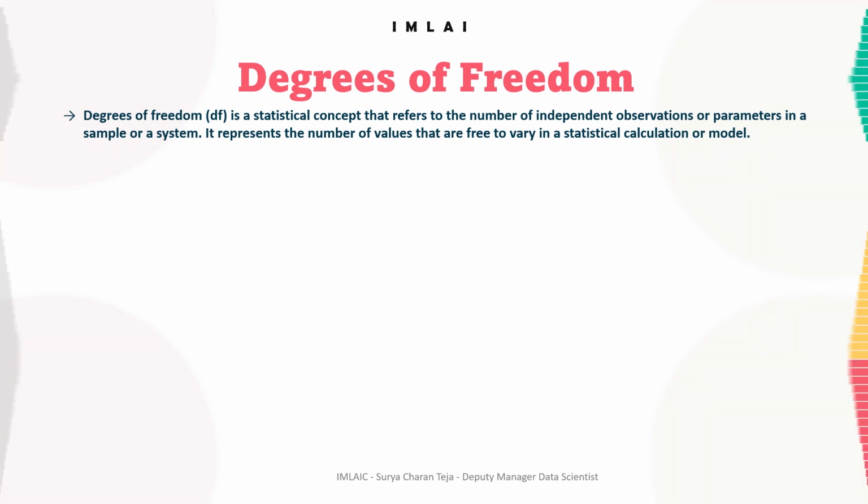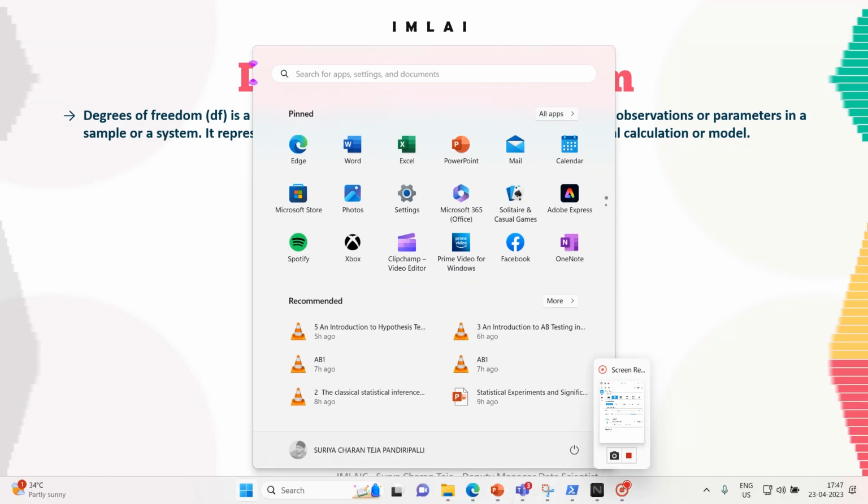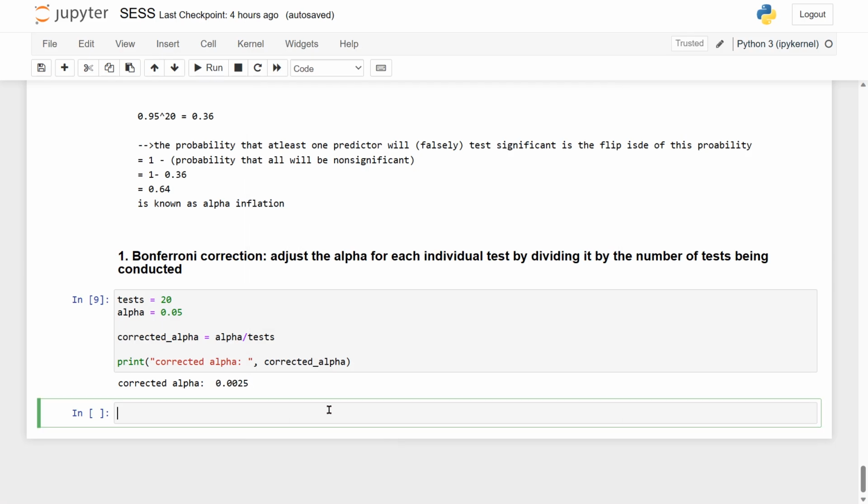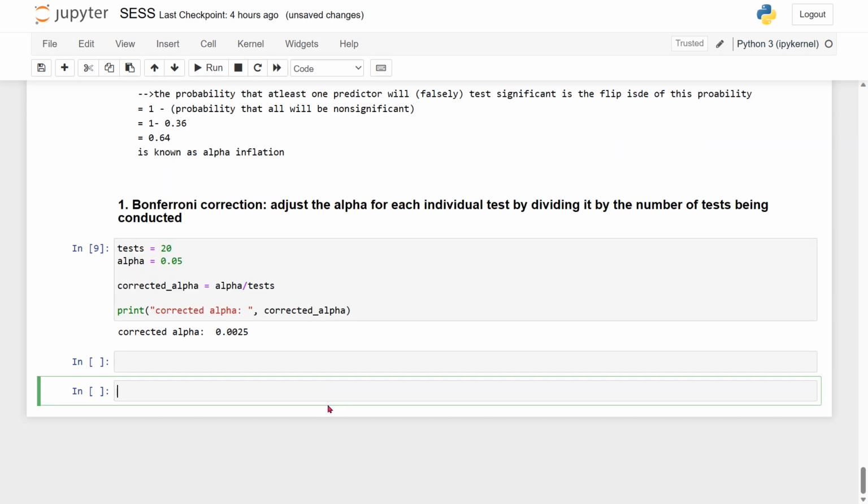Let me write it down. Then this is degrees of freedom. In short, we say DF. It's nothing but the number of values free to vary.